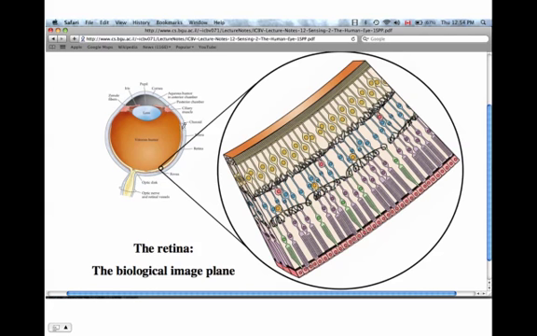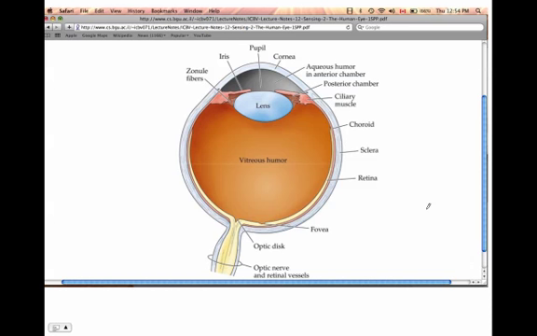I talked about the back of the eye, which is the retina, and if we zoom in and we blow up what the retina looks like, we can see all these things. On here are rods and cones. Rods and cones are responsible for helping us see light.